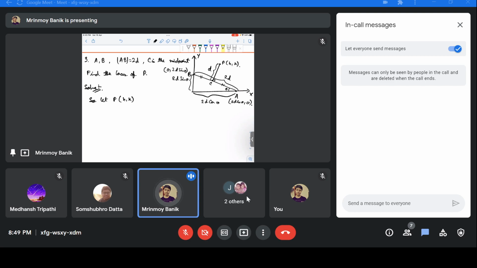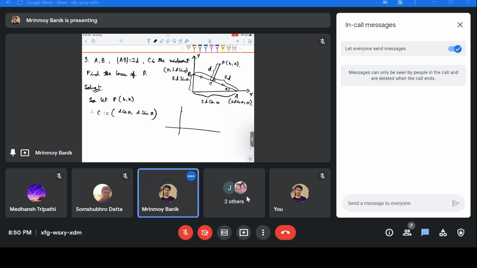So the midpoint C is d cos theta, d sine theta. So now we got C. We need to find P, right?